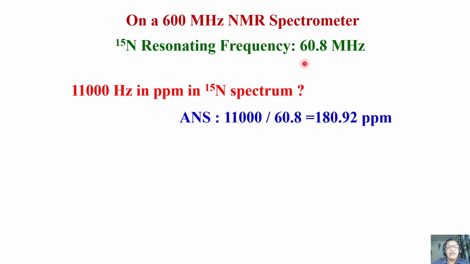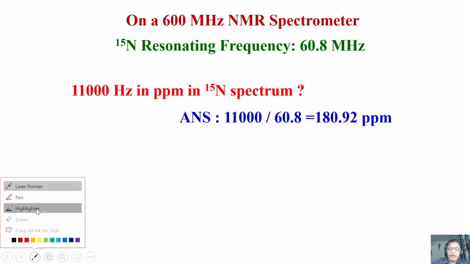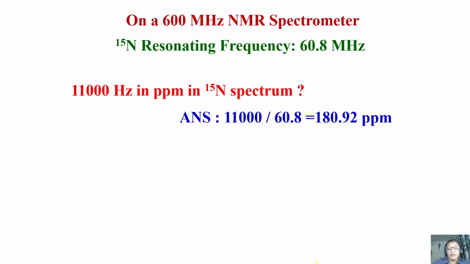The answer is, you have to divide the frequency in hertz by the resonating frequency. So 11,000 divided by 60.8 turns out to be 180.92 ppm. It is very easy. You understood how to convert frequency to ppm.